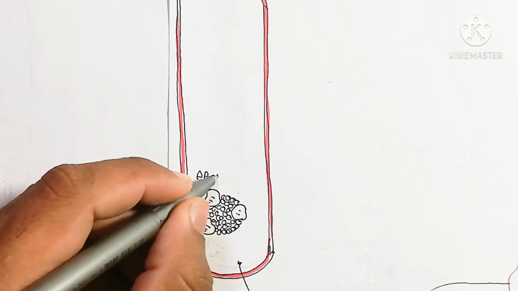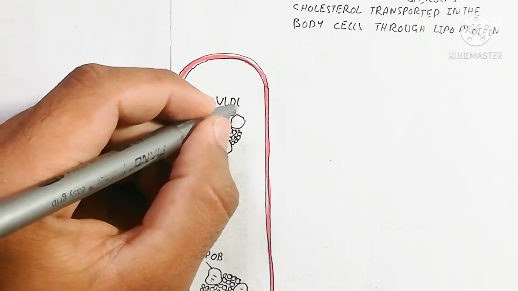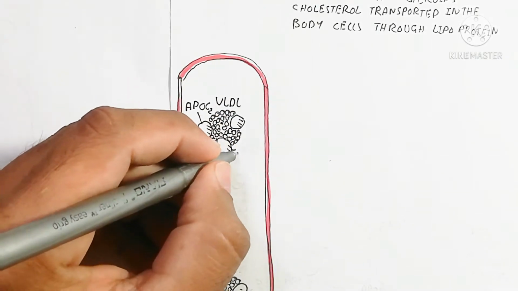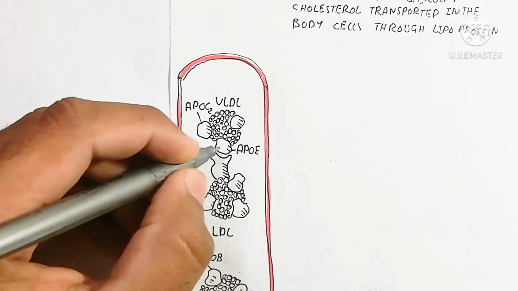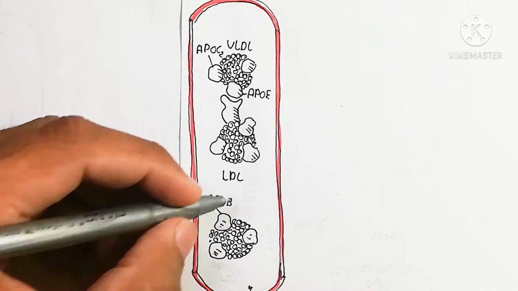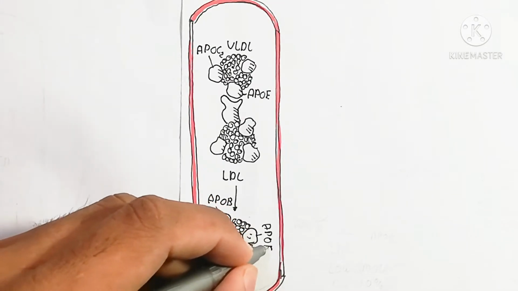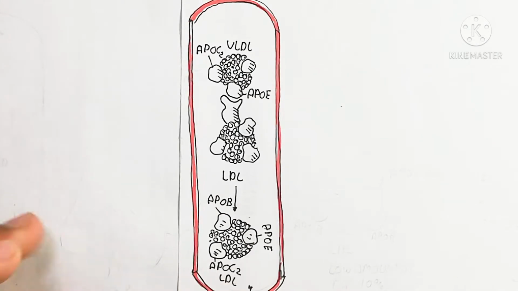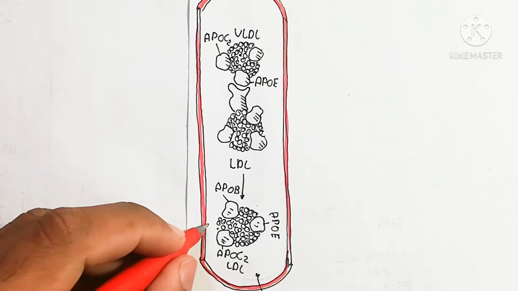The ApoC2 is used by the lipoprotein lipase enzyme to give storage into the adipocytes in the form of triglycerides, and again that is conversion. So here the very low density lipoprotein gives the ApoE receptor to the low density lipoprotein, which receives it, and the low density lipoprotein converts and receives the ApoE site.